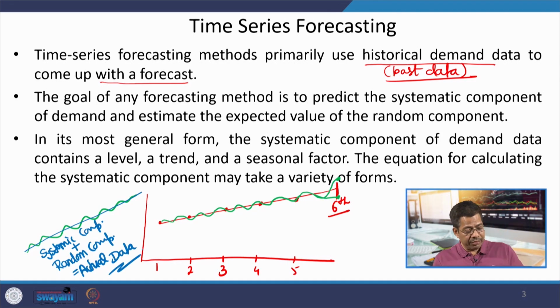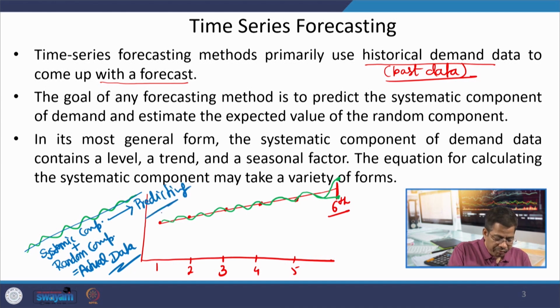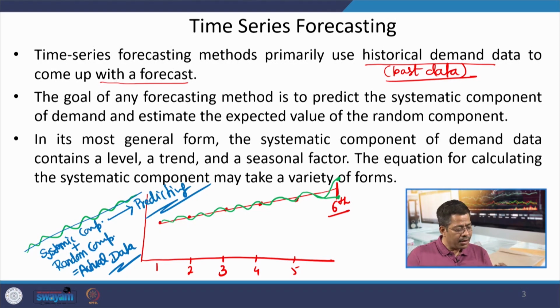So, what we do with the help of predictive analytics is basically predict this systemic component, and then we also know the limits in which this random component may vary.